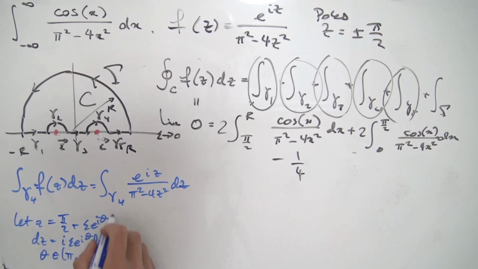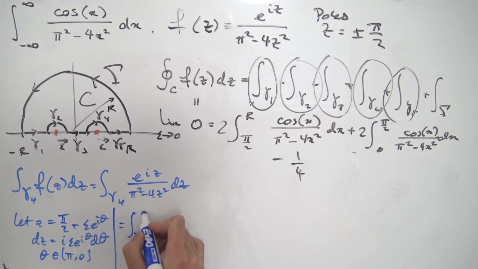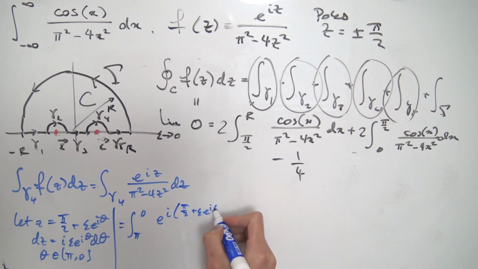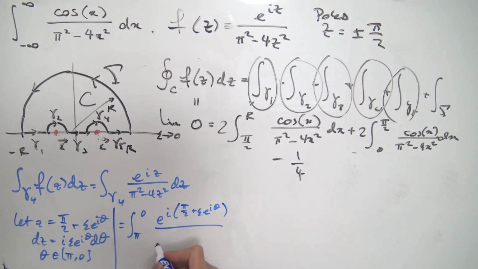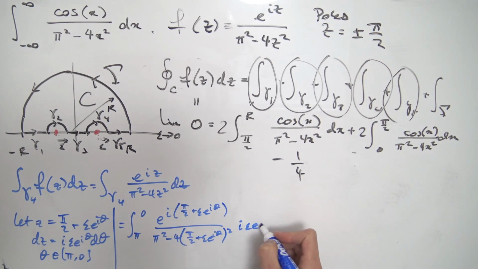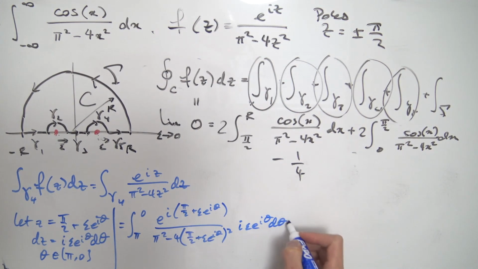So now if we plug everything in right here, this is going to give us the integral from pi to 0 of e to the i, z is this thing right here, so pi over 2 plus epsilon e to the i theta, over pi squared minus 4 times pi over 2 plus epsilon e to the i theta, squared, and then dz becomes i times epsilon e to the i theta d theta.